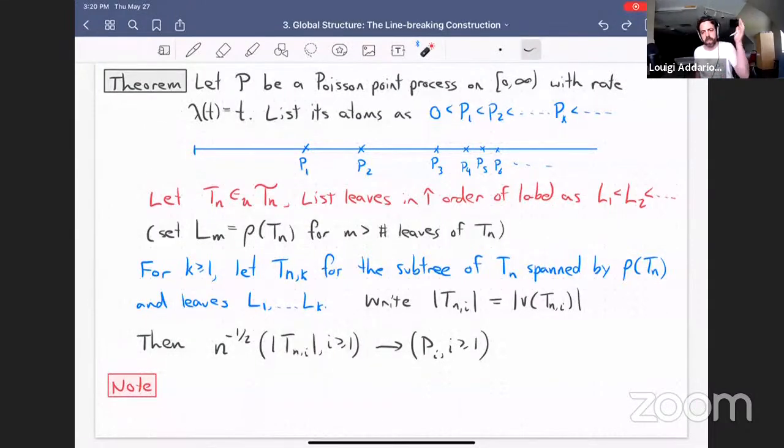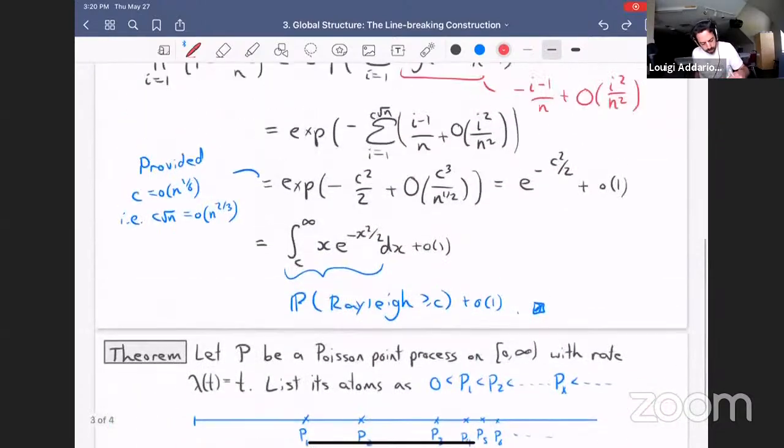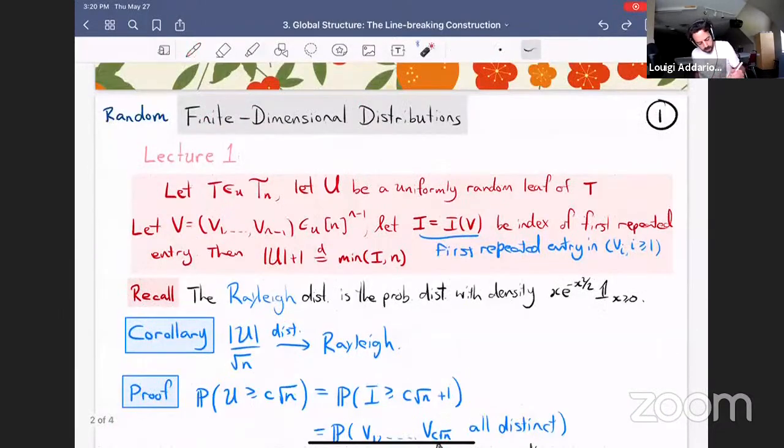So that's really like the length of that first branch. We proved this result by saying that if we looked at the path from the root to the smallest labeled leaf, L1, the length of that was distributed as the index of the first repeated entry, and so was Rayleigh distributed.